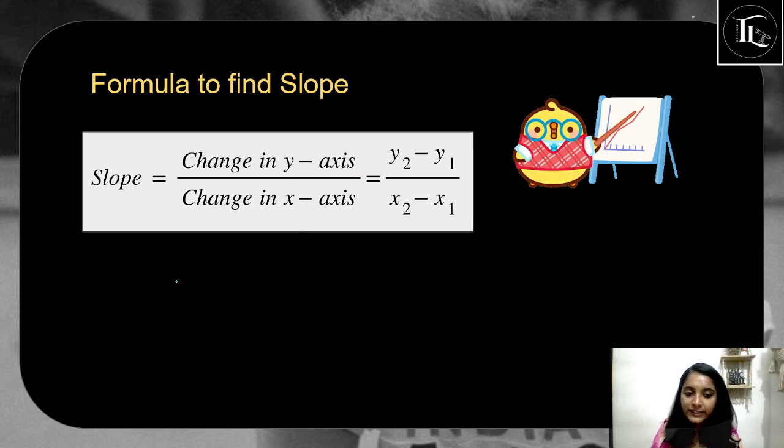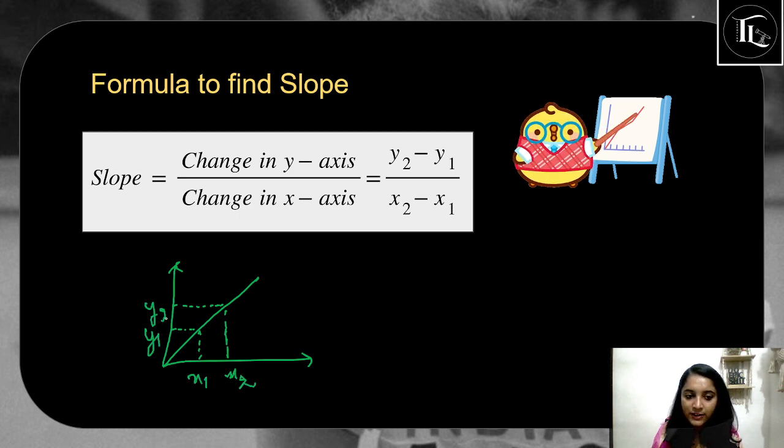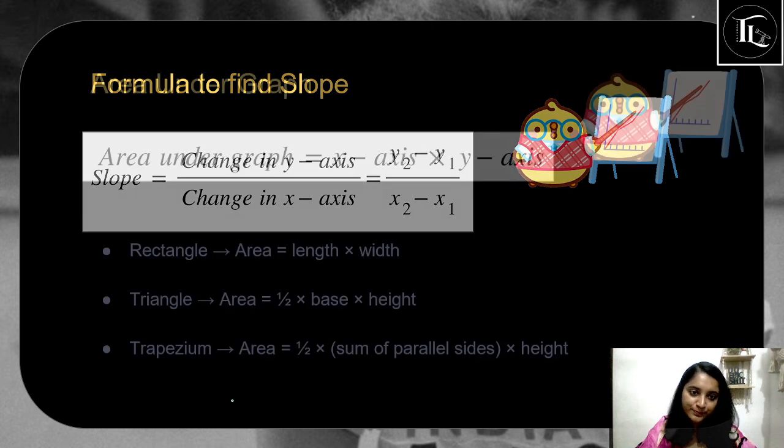So you need to take any 2 points. So if this is the graph, you take any of the 2 points. This is x1, this is x2, this is y1, this is y2. So y2 minus y1 divided by x2 minus x1. And you will get the slope.